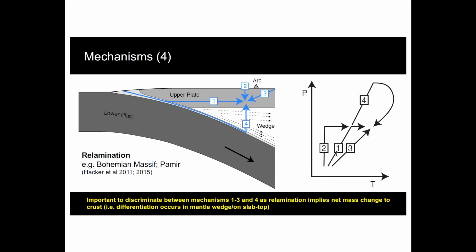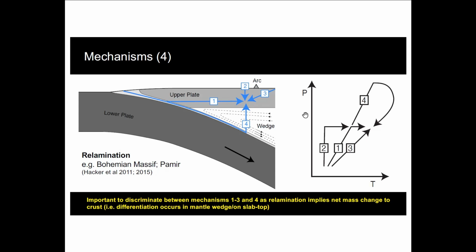Special emphasis here is relamination. So the relamination mechanism involves subduction of sediments and growth of Rayleigh-Taylor type instabilities in response to low viscosity, low density sediments on top of the plate. They rise into the mantle wedge and then become entrained in the deep crust.